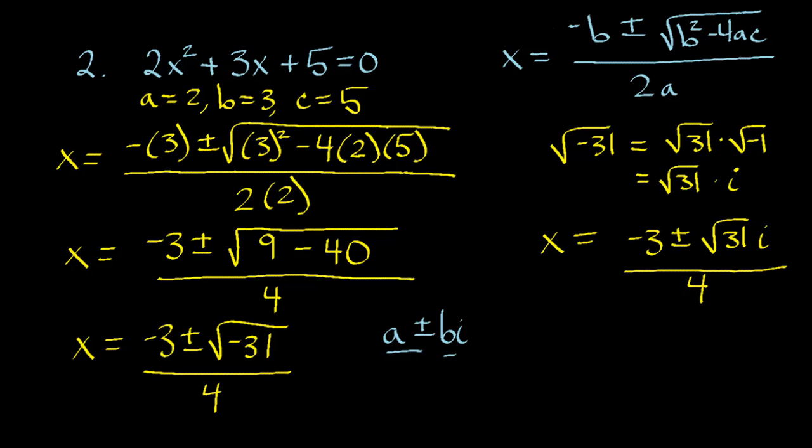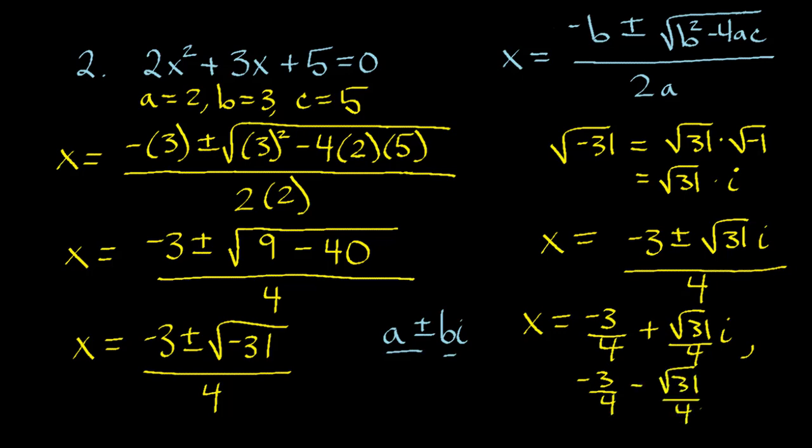So we are going to separate this single fraction into 2 fractions so that i will be only on the second term. So our answers will be negative 3/4 plus square root 31 over 4 i and negative 3/4 minus square root 31 over 4 i. These are our 2 solutions.